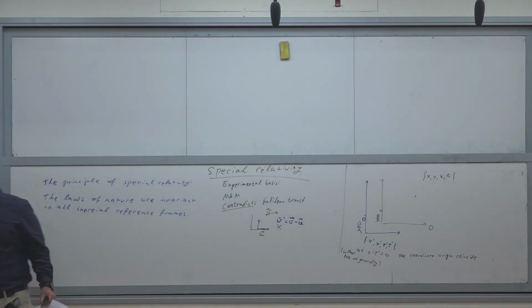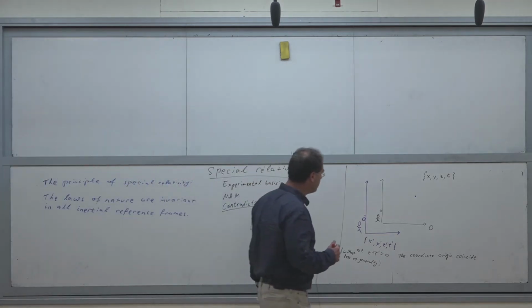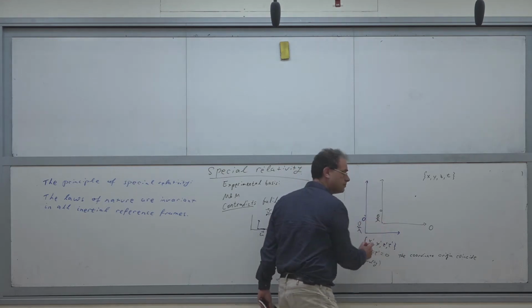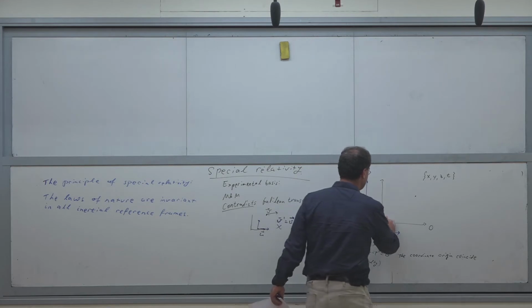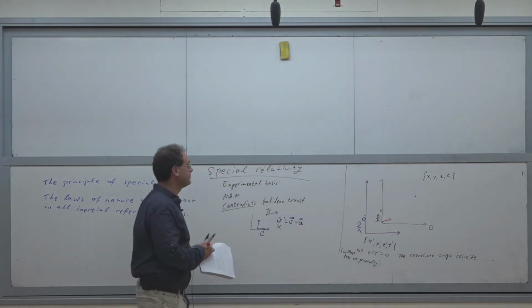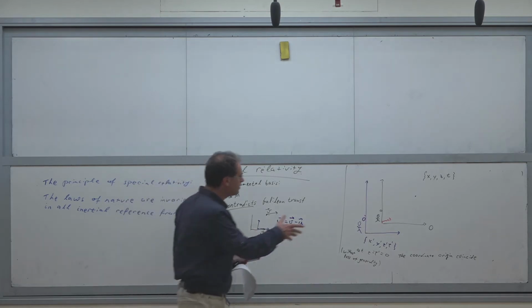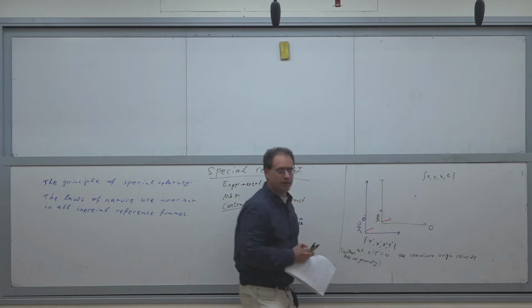Now let's say that we have a light source, such as a lamp, that at time t equal to 0 and space 0 emits a photon. Of course, since the origins coincide at t equal to 0, this will be the same in that frame.